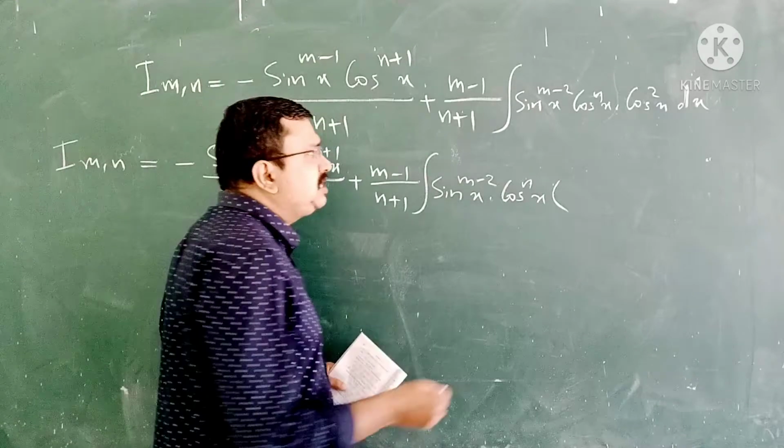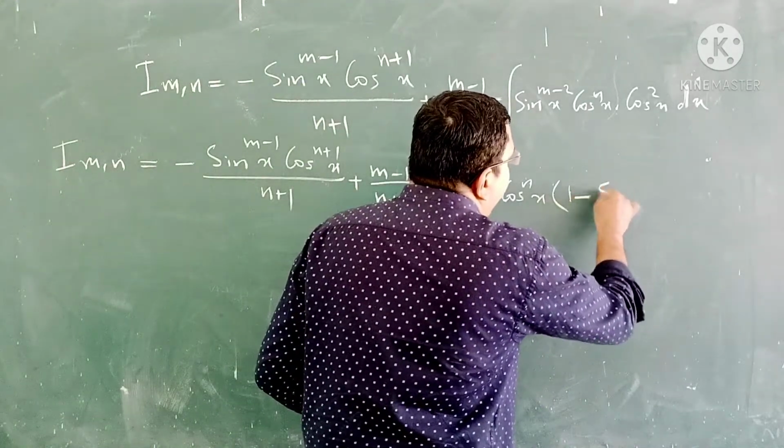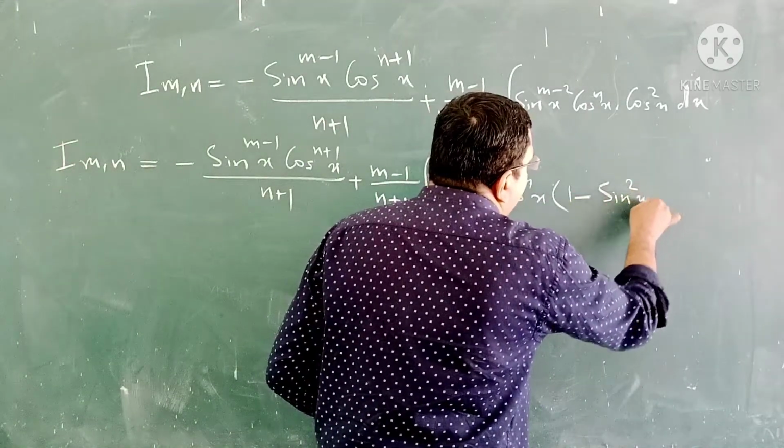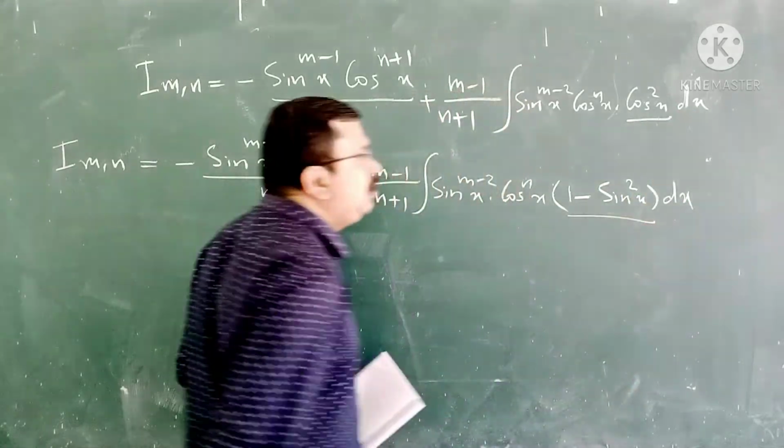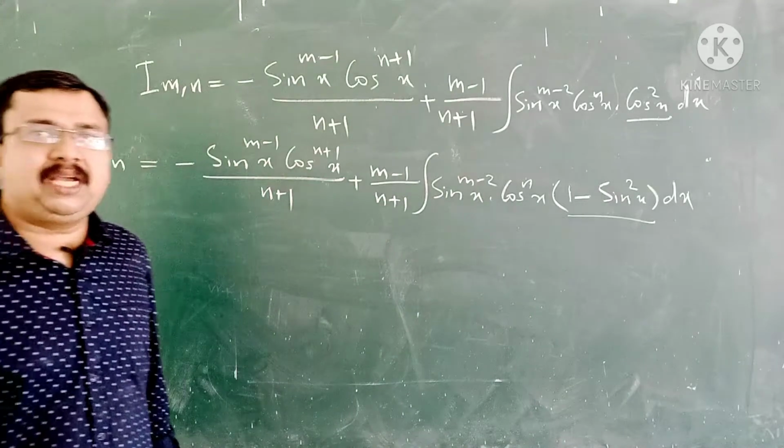This cos^2 x can be written as 1 minus sin^2 x dx.